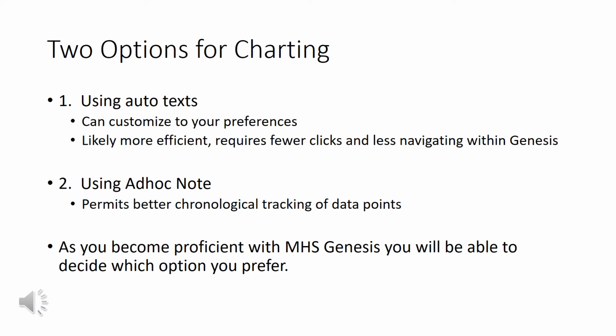The ad hoc note has the benefit of allowing better chronological tracking of data points at the cost of having to take more time to input data into specific fields. As you become more proficient with Genesis, you'll be able to decide which option best meets your needs. In the following slides, I will walk you through how to use both options to enter encounters in PowerChart.